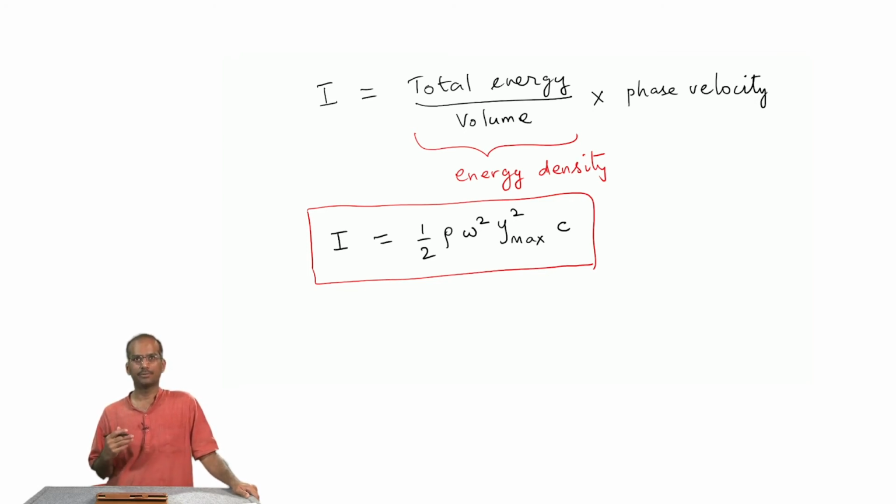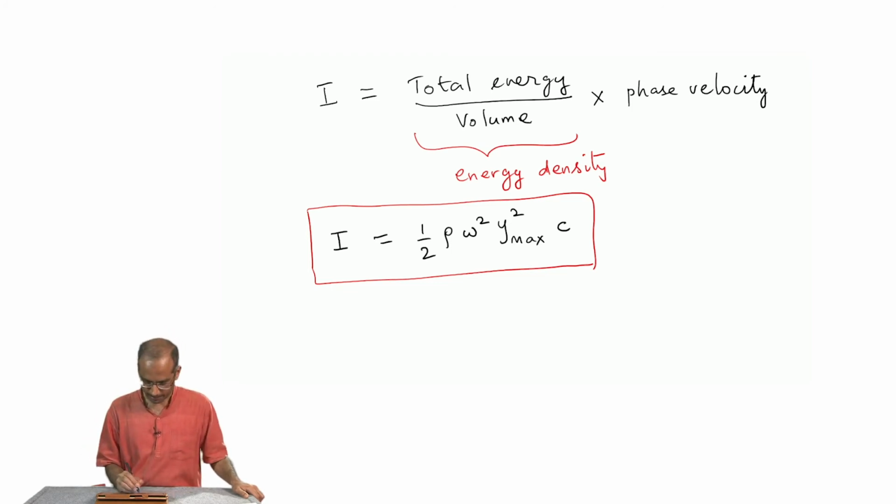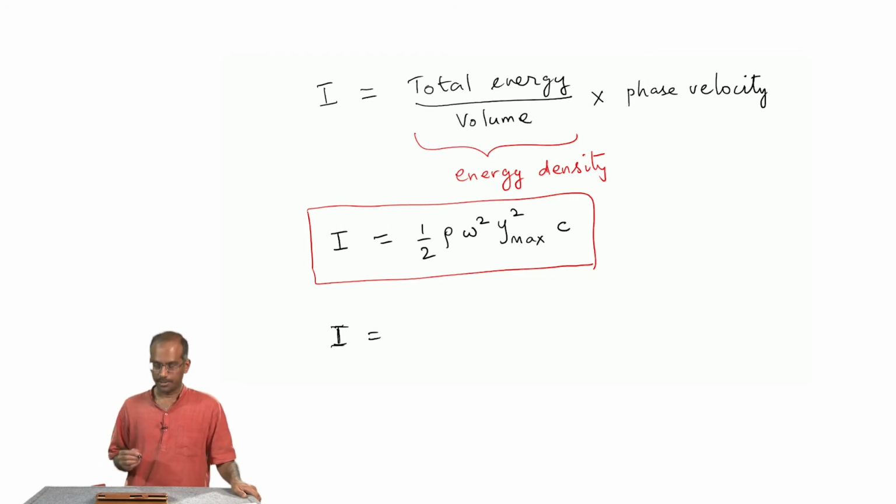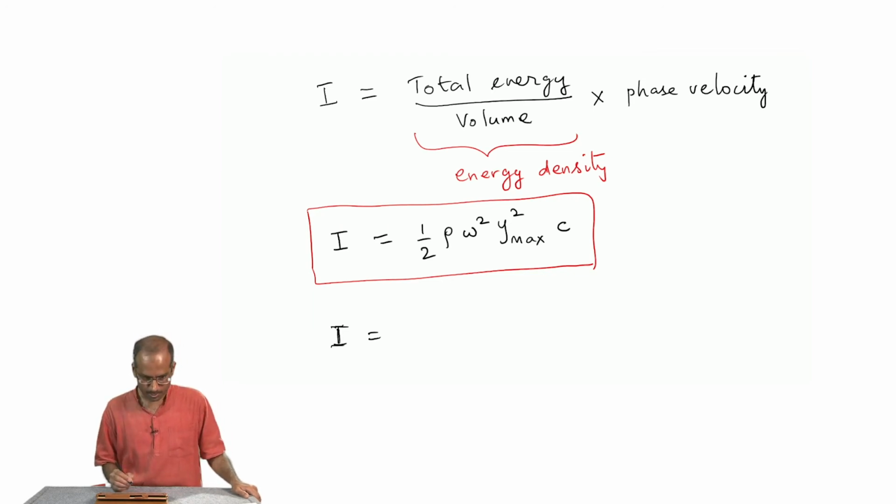As I said, we could have derived it in terms of velocity amplitude or acceleration amplitude or even pressure amplitude. For instance, if you go through a similar derivation and obtain an intensity formula for a waveform in terms of the pressure amplitude, we will get an expression of this form.